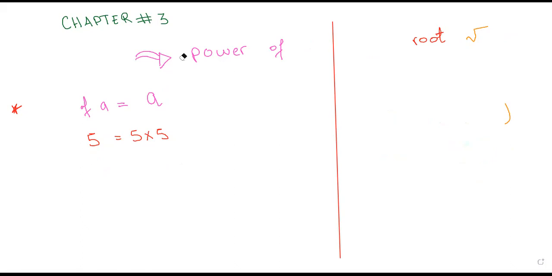When we talk about cubes, power of 3 comes to our mind, right? Power of 3. And cube of A is A cube. 5 cube is 5 into 5 into 5. That is 125, right? Similarly, when we talk about cube root, this is the symbol.